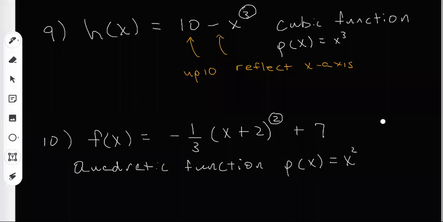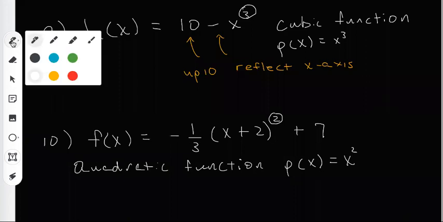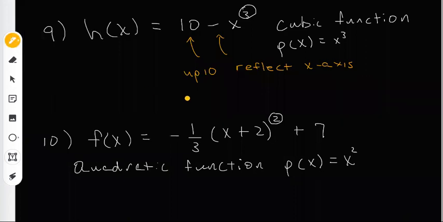So the parent function is x squared. So what's going on with the transformations? Well, we got this negative. We also have a 1/3. That's going to be some kind of dilation. We have a plus 2 on the inside, but we also have a plus 7 on the outside.